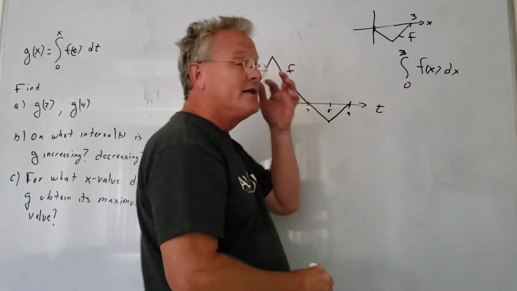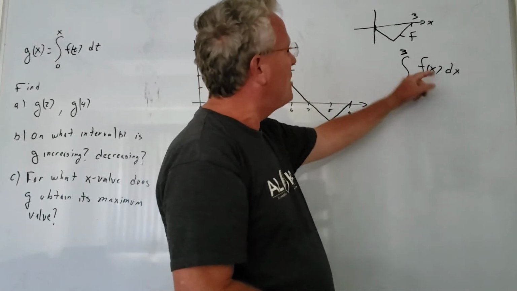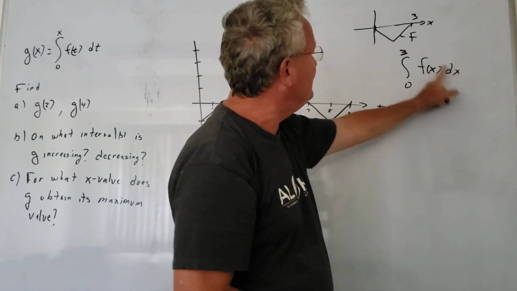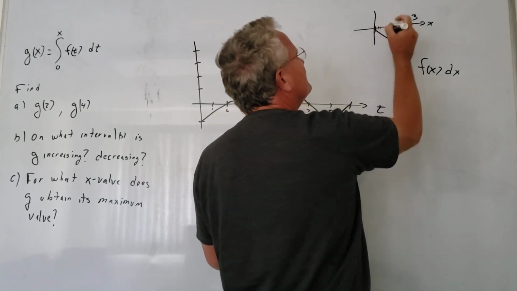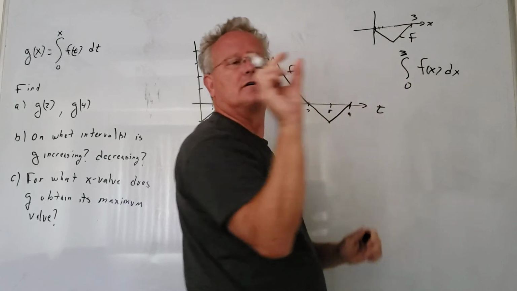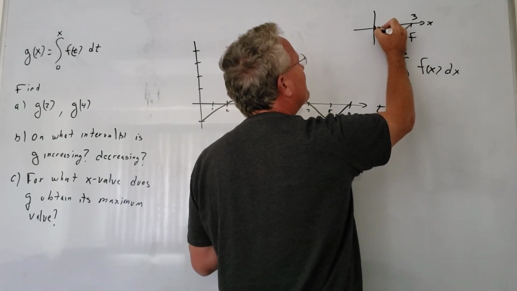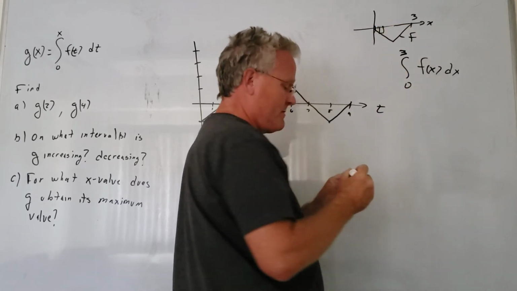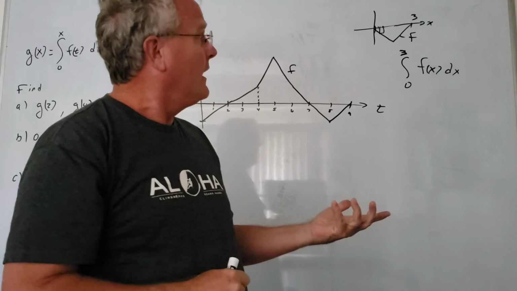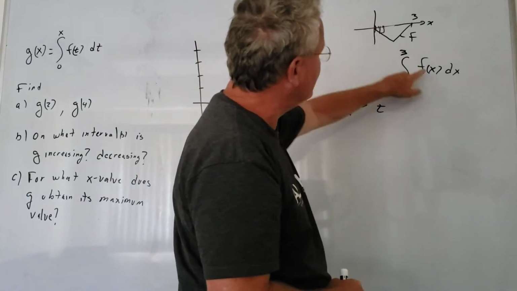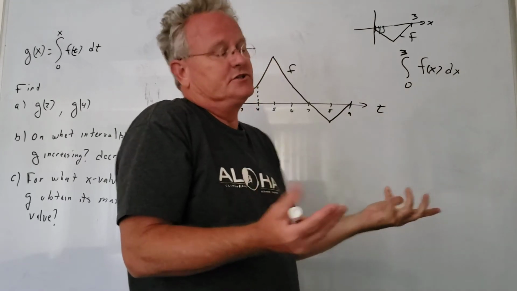Well, remember, an integral by definition is a Riemann sum, and all we're adding up is your dx, which is basically a little sliver, that's our base, f is our height, right? So we're adding up a bunch of areas of rectangles, but when we're under the x-axis, f is negative. So we get a negative times a positive, which is a negative.